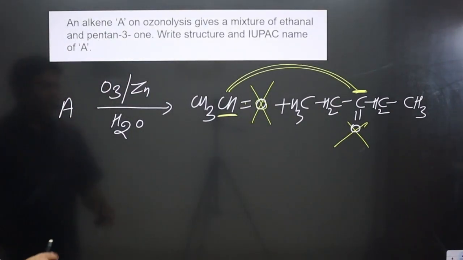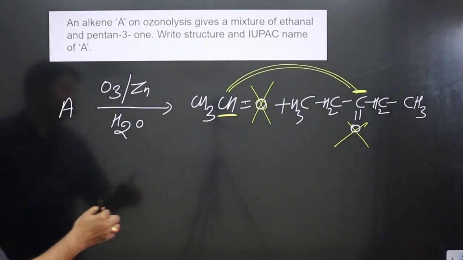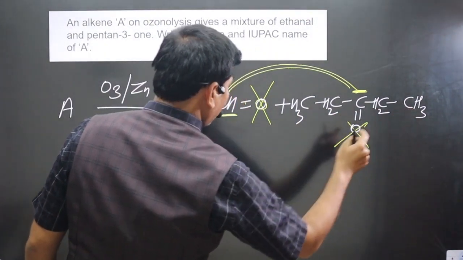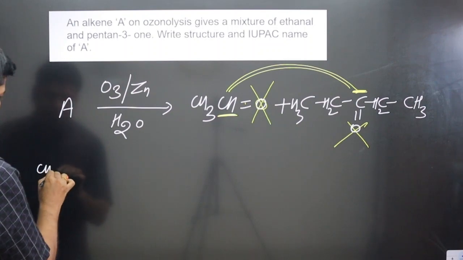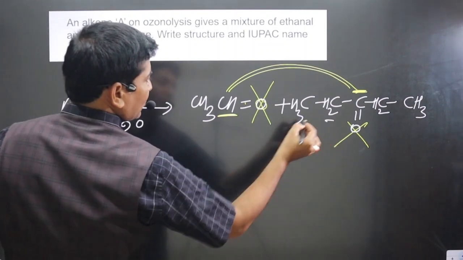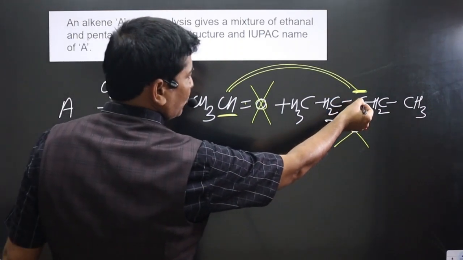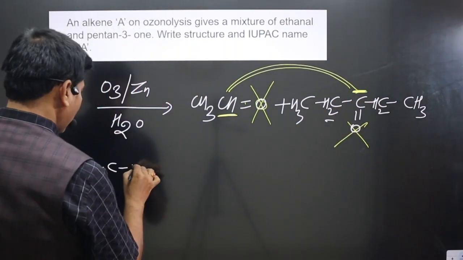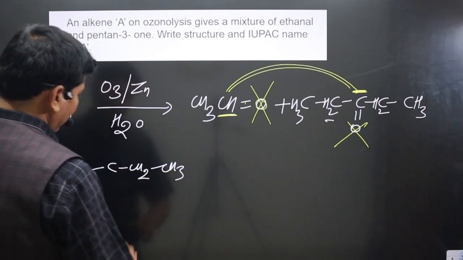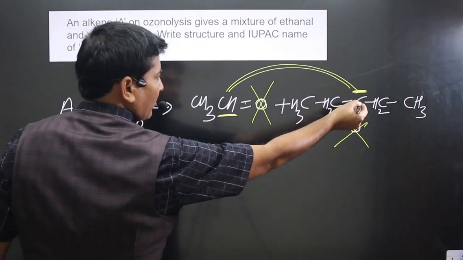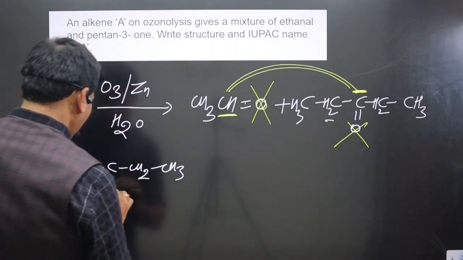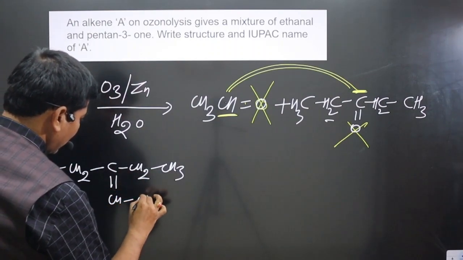Let's write it. This is a long chain, so I can start writing from here. CH3, then CH2, and then C, to this carbon we have CH2 attached, and then CH3 attached. This carbon connects to this carbon by the double bond, it is CH, and then we have CH3.